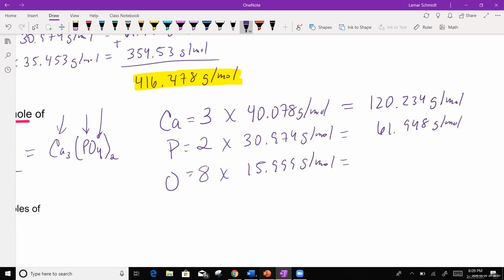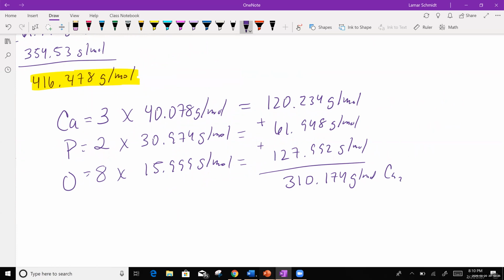And 8 times 15.999 gives you 127.992 grams per mole. And you simply add all this up, and you should get something like 310.174 grams per mole. And this is of calcium phosphate.